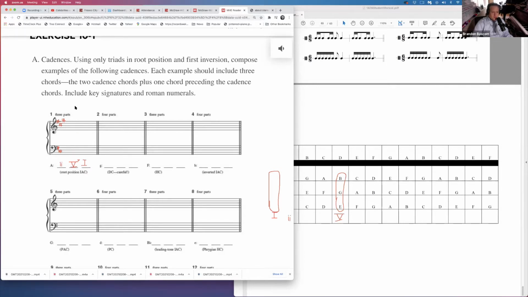Let's work backwards, shall we? I'm going to go fa mi. What do you think of this plan?